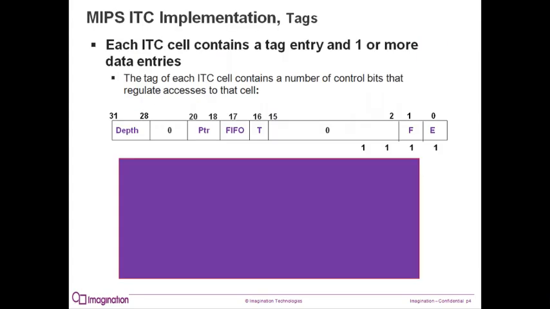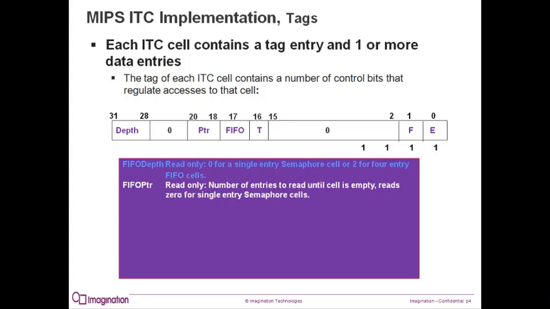Each cell contains a tag entry that tells you about the cell and allows you some control of the cell. The tag entry is accessed through the control view, which I'll go over later. The FIFO def field will be set to 0 if this is a semaphore cell, or 2 if it is a 4-entry FIFO cell.